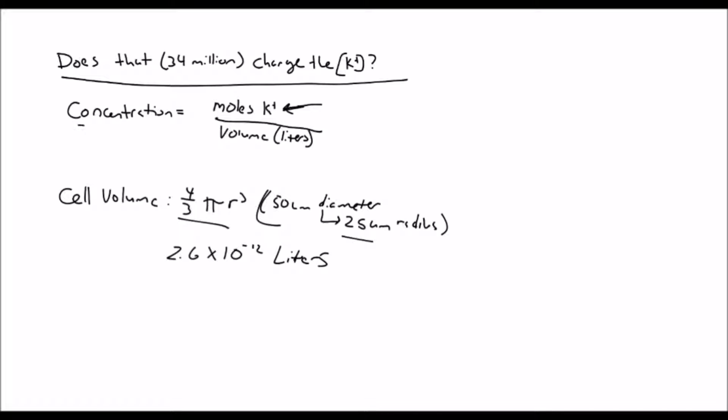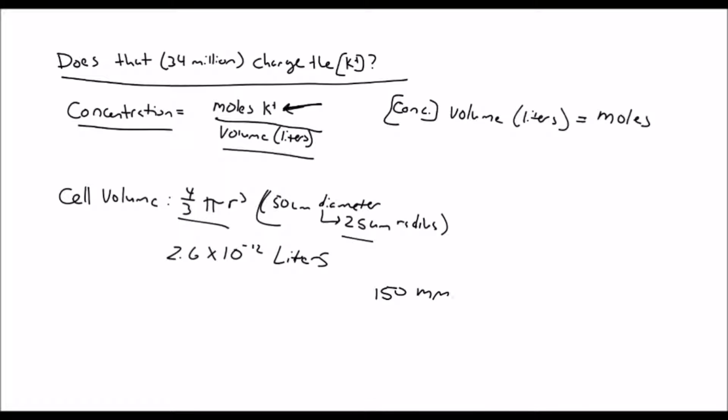But really what we're looking for, we already know what the concentration is, and now we've figured out what the volume is. We're looking at the number of potassium ions that are in the cell. Let's just say that our intracellular concentration of potassium is 150 millimolar. So we can take that 150, which would be 0.15 molar, and multiply it by the liters.